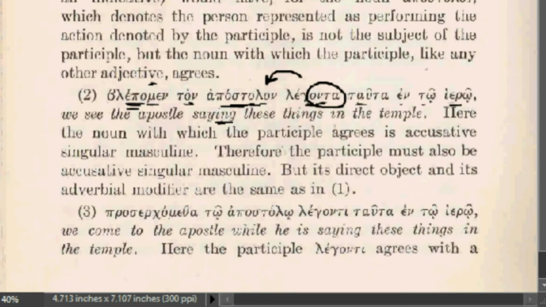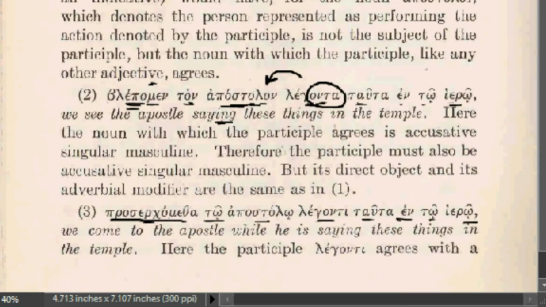Let's go to the next example. This example, which again is on the same page toward the bottom, proserchometha to apostolo legonti tauta en to hiero. Well, here's the vocabulary word that we have in this chapter. Proserchometha was from proserchomai, I come to.